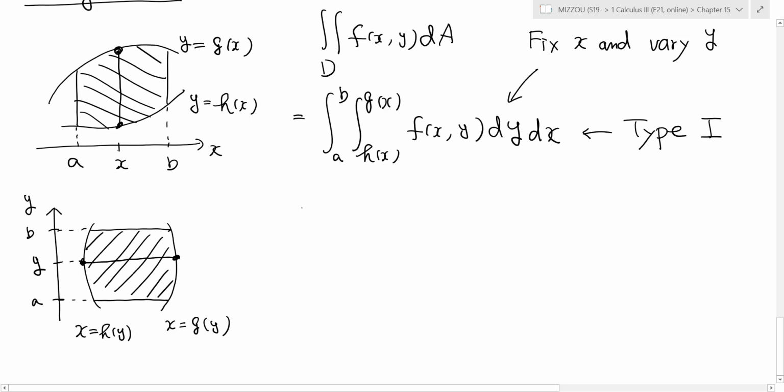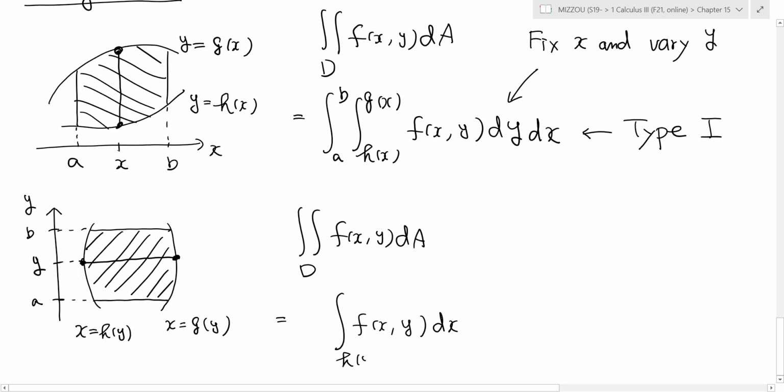And so in this case, the double integral is written as, so you integrate with x first by fixing y, from h of y to g of y.